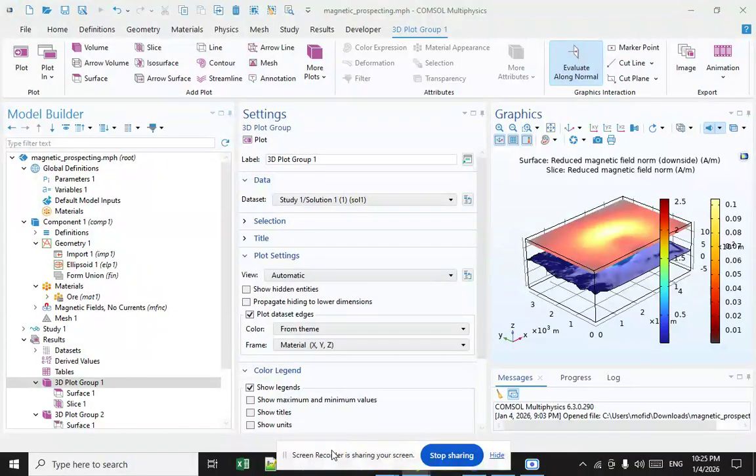In this simulation, this figure shows deviations of the magnetic field intensity on the ground boundary plot and at an altitude of 1,300 meters. The maximum magnetic field perturbation on the ground is 2 A/m, and at 1,300 meters altitude it has fallen to 0.1 A/m.